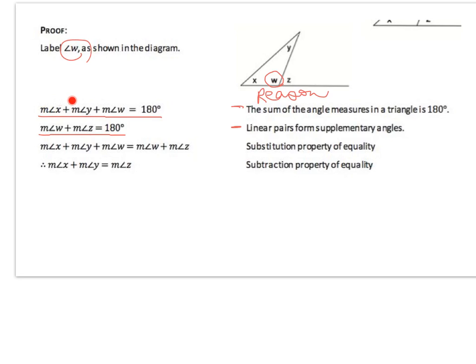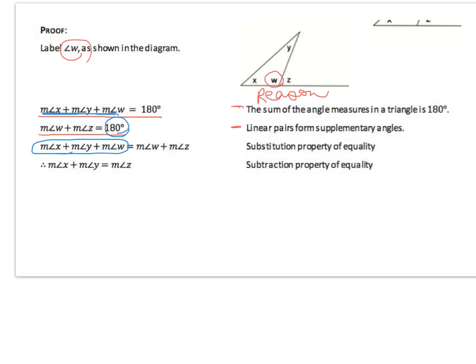If this side of an equation equals 180, I can use substitution and plug this in for here. So instead of 180, I'm going to write the left side of the equation right here.